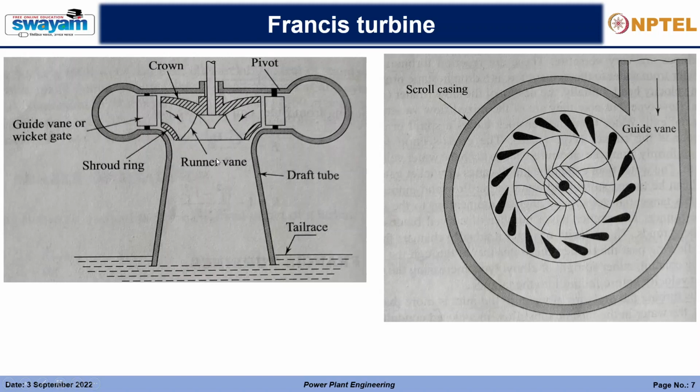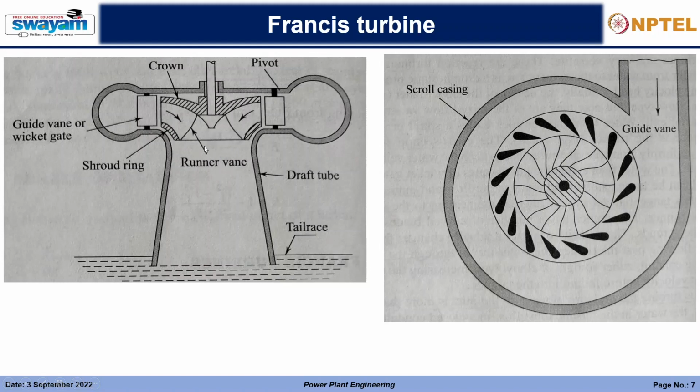I actually have a video, an animation, which demonstrates how it works. So let us look at it. Before that, let me talk about this draft tube and this tail race. A draft tube is basically assembled to prevent the problem of cavitation.